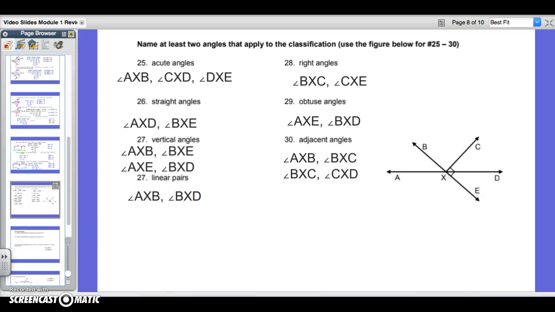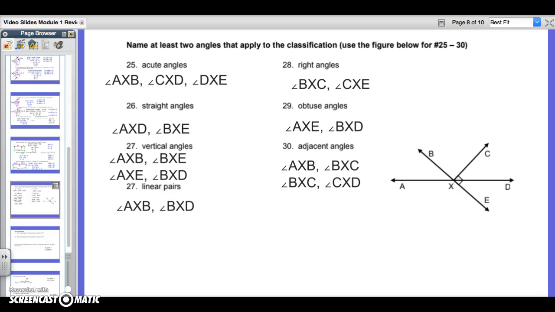If I were to highlight this, actually let's use the highlighter, AXB, this angle right there, and then angle BXD, those form this straight line down here. So that would be a linear pair.